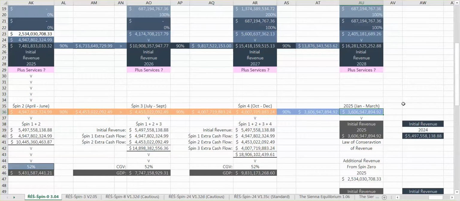We can test this by going back to the master controller at AF4 and change it to 95. But first, check the current value of the additional revenue required in red at AY40.